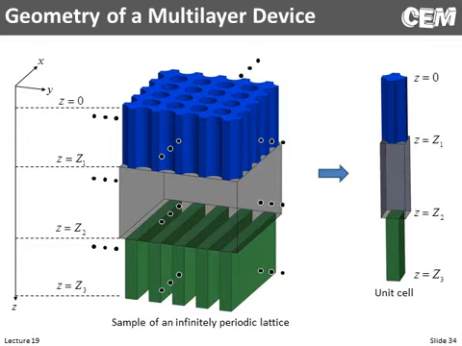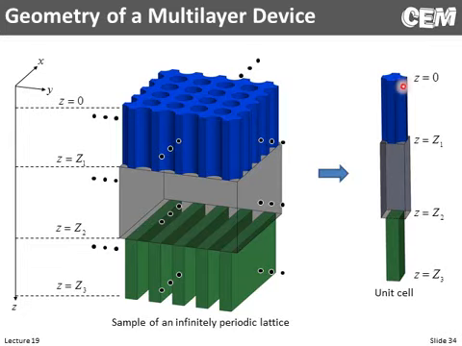Sometimes we can even rotate the orientation of the layers. But for anything we're going to do now, we'll just assume it's the same period all the way through. I only point that out in case you come across something strange where there are different periods on different layers. There are ways to handle that in many cases. But for right now, it's the same periodicity all the way through each layer.